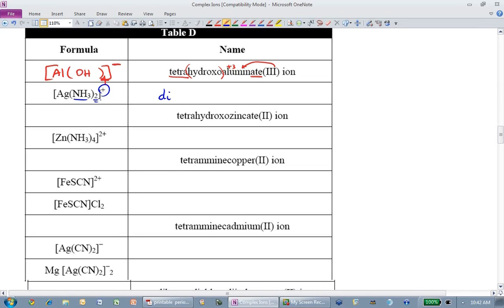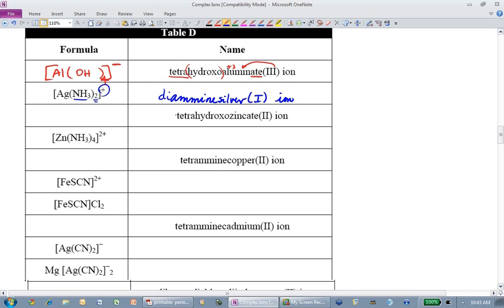And then this thing inside is ammonia, but we write it ammine, A-M-M-I-N-E. This all runs together. So diamminesilver(I) ion. So all of this, until you hit the end of that Roman numeral, is all one word.